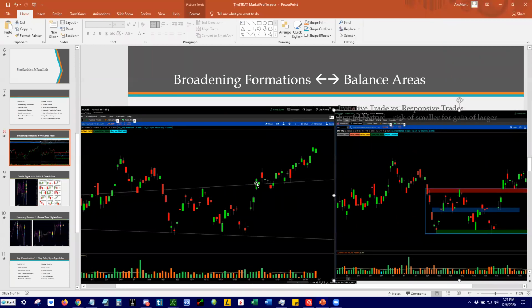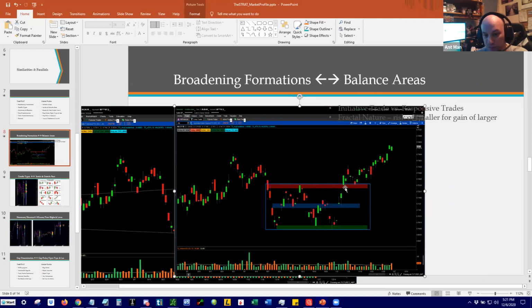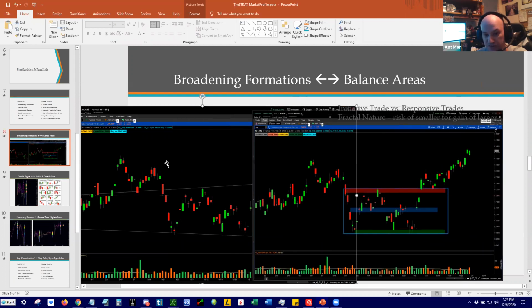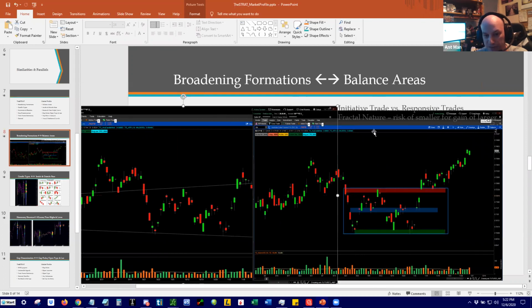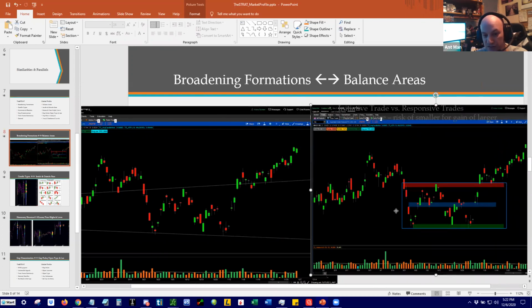You can see how this broke above the triangle, held the triangle as support and took off. And this was the same idea. This broke above the high of the balance area, came up, pulled back, retested, which is called acceptance in profile terminology, and then took off. So you have the same exact trade with the same result and two different styles of trading. So that's one of the ways I see the similarities in using these two.